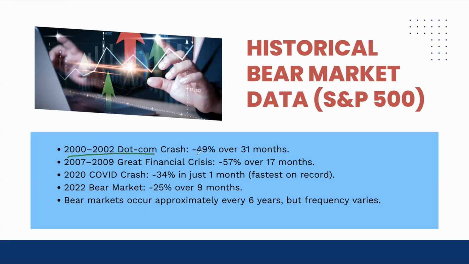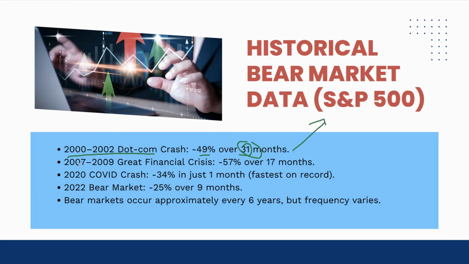And what we saw was a 49% drop over 31 months. So almost half, right? So put that into perspective and think about what fear that probably induced in people when looking at their investments, looking at their retirement accounts. It's pretty scary. But notice it lasted 31 months. And then what happened? It recovered.